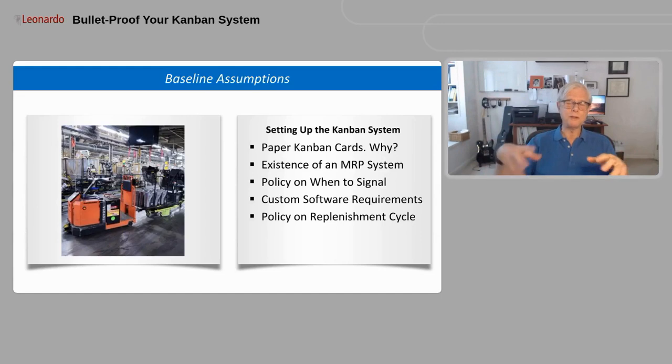If you don't know what you're using on a part, you can't really calculate Kanban quantities. So we're relying on MRP for that kind of information. So added that to the list. Again, I know not everyone has an MRP system or not everyone uses it well, but this is kind of part of the package. All right, next one, policy on when to signal.